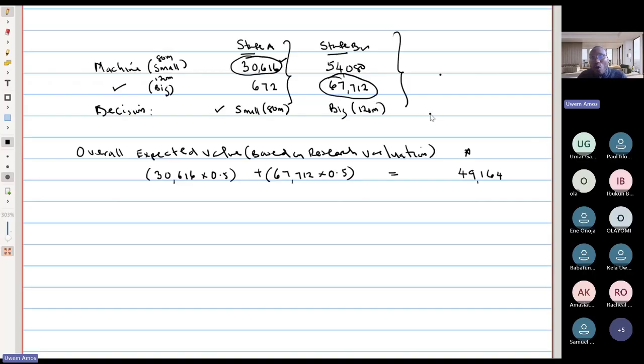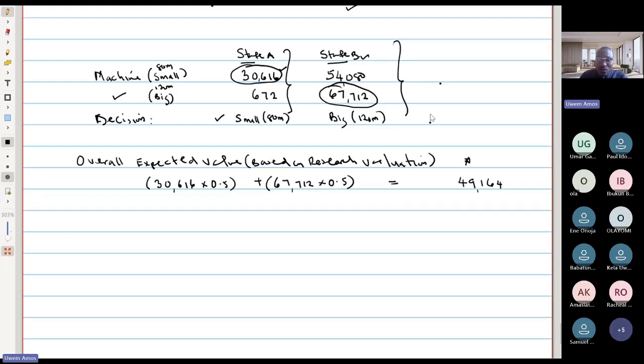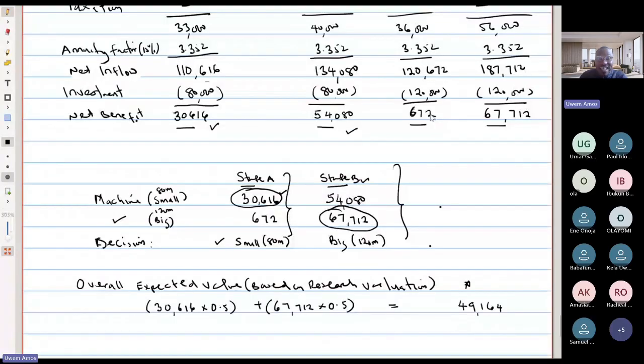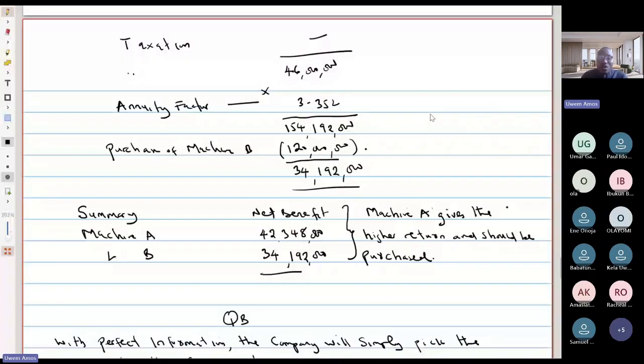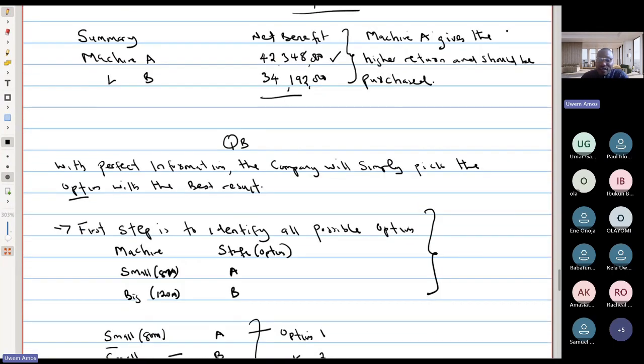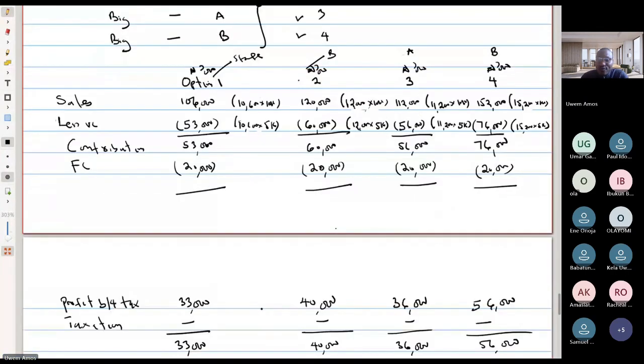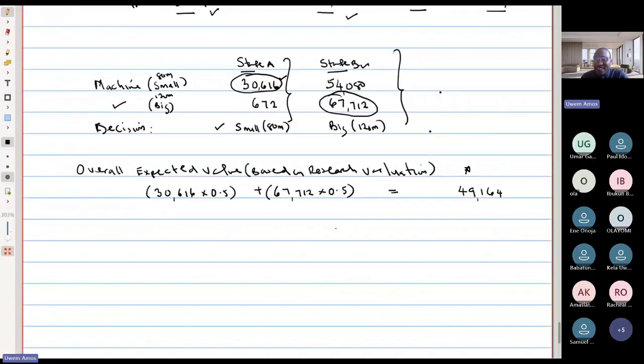All we need to do is compare this value with what our return would be without that research, which is part A. Without the research, we decided that the best would be machine A at 42,348. That was our decision. But with perfect information, we're looking at a value of 49,164. So how much can you pay for that information?